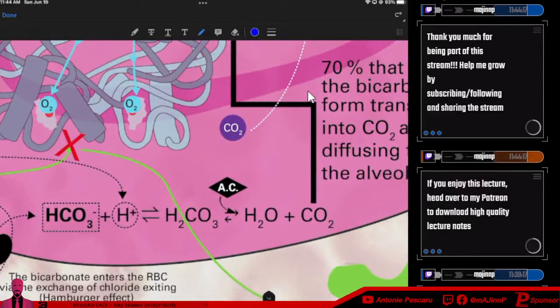Your H2CO3, alongside carbonic anhydrase, reacts and produces water and your CO2.